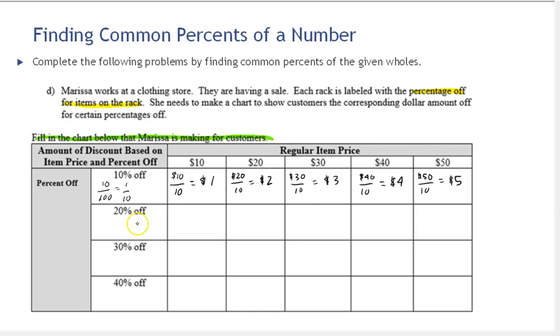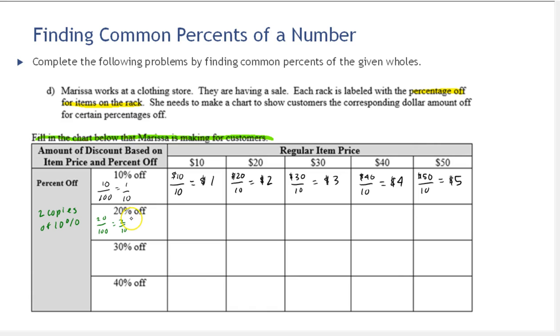We want to find 20% off. Okay, so 20% off is 20 over 100, okay, or 2/10, but it's not as simple as dividing by 10. However, we can think of this as 2 copies of 10%.